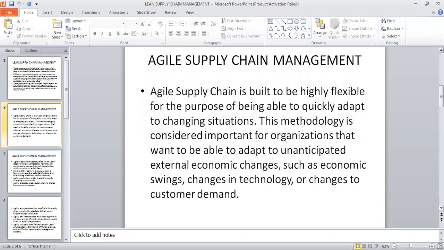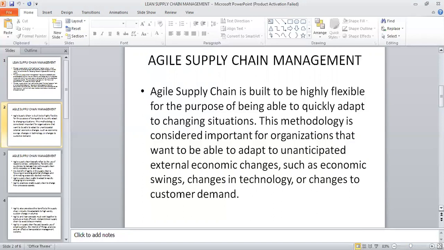So it is totally opposite to lean. Agile supply chain focuses on flexibility and adaptability, and lean focuses on reduction of waste and reduction of cost.